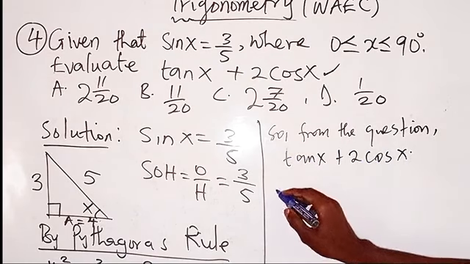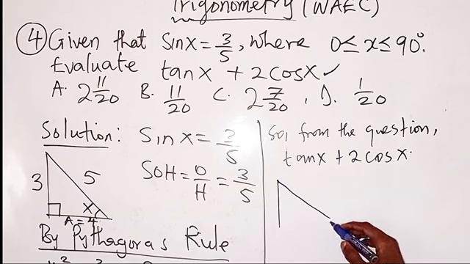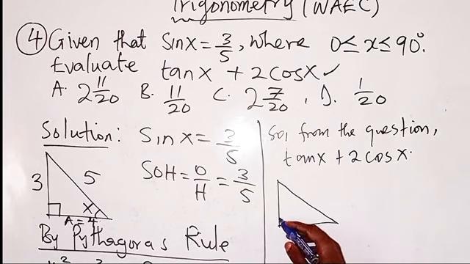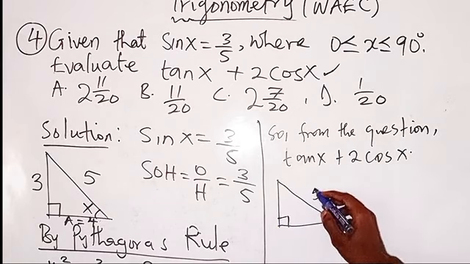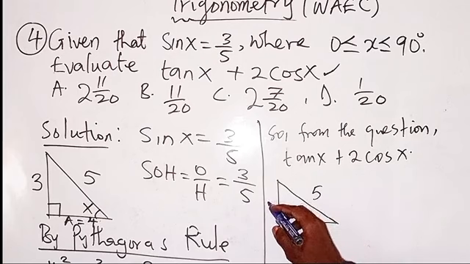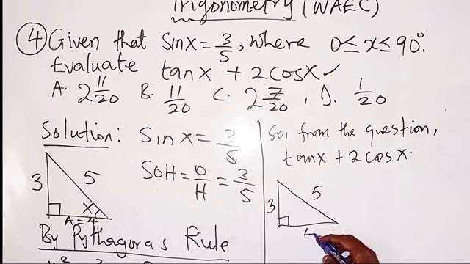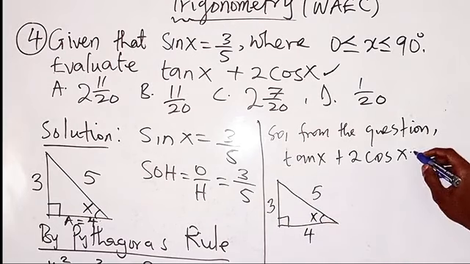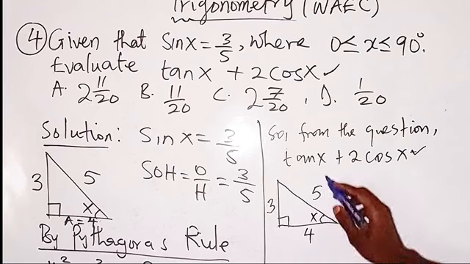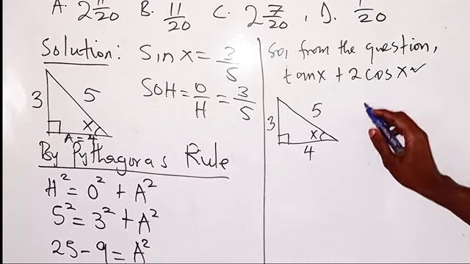But let me bring out what we have gotten. Let me take it into the right angle. We have this to be 5, which is the hypotenuse, we have this to be 3, and this to be 4, which is the adjacent, and this is x. According to this, we need tan x and cos x.